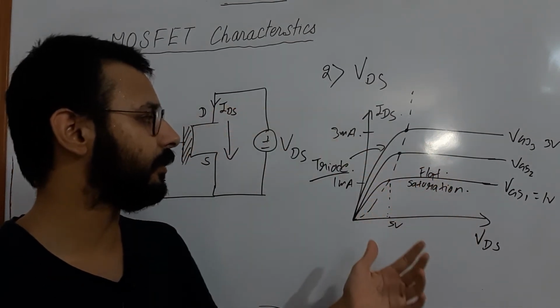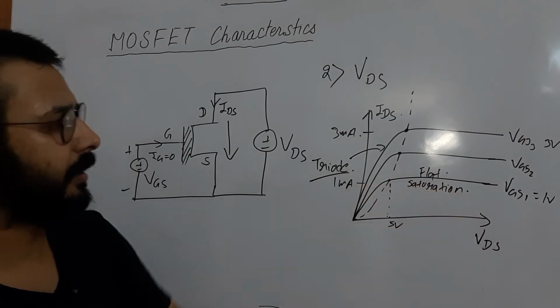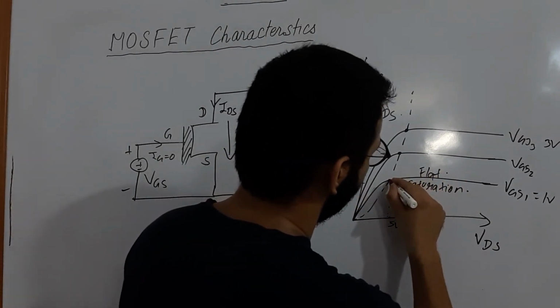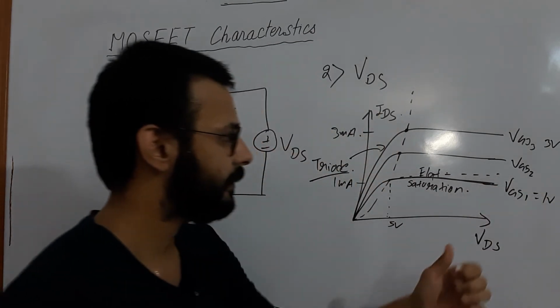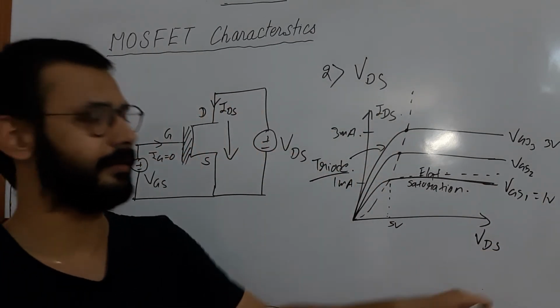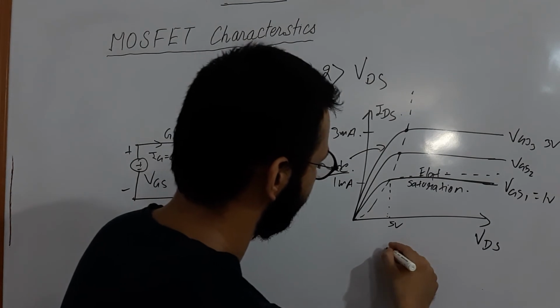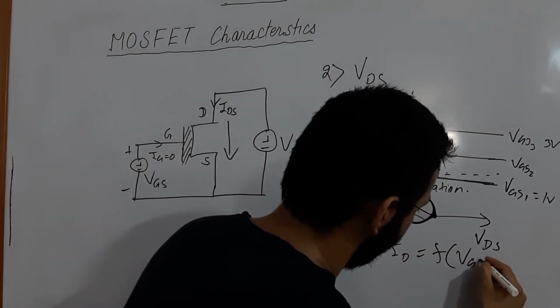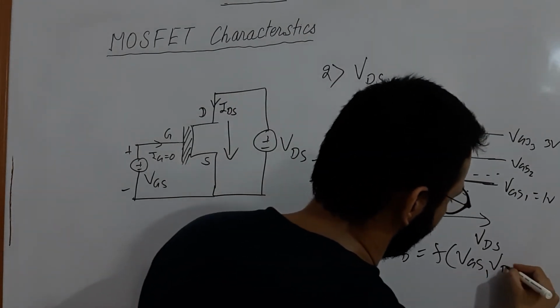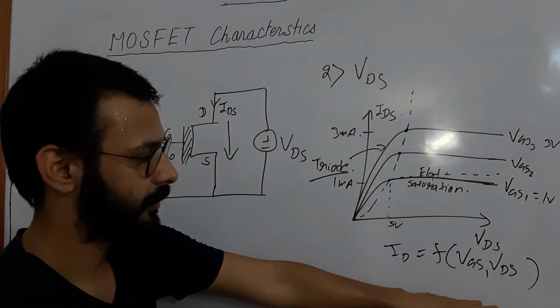Saturation is the technical term. In this case, actually, this is not absolutely flat. This is something like this. It is a weak function of the VDS. In the saturation region, the ID current is a function of VGS and VDS.